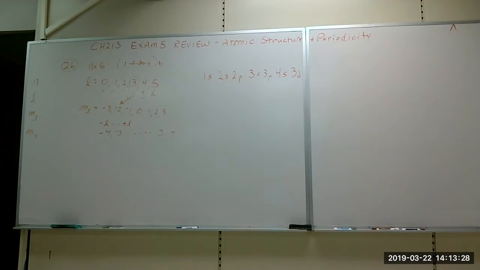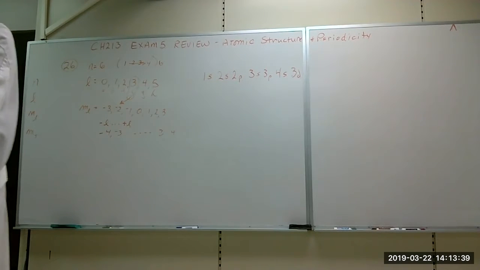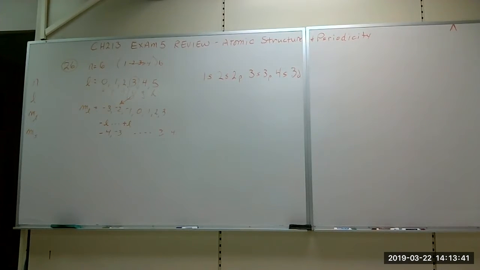So you get those done, and then back up to 5d. And that will correspond to that diagonal diagram. It fits exactly the way we've got it laid out here on the periodic table.